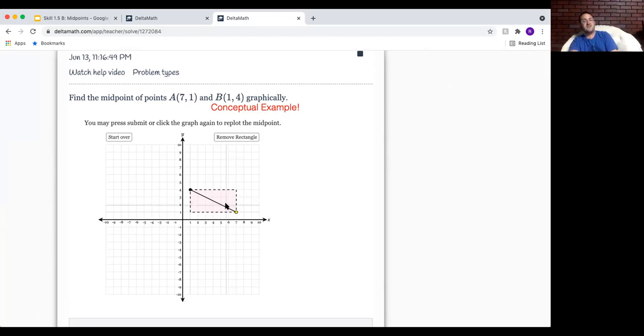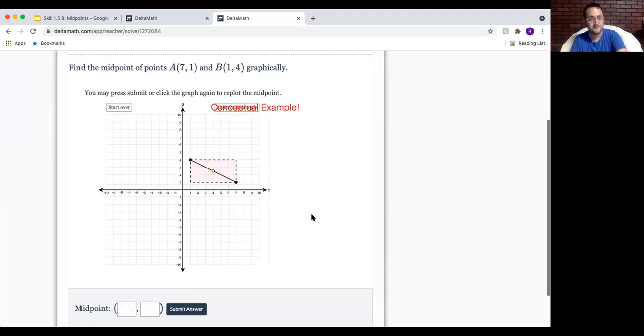And it says you may press submit or click the graph again to replot the midpoint. And to get the midpoint, I like to think about where about is the halfway point of my rectangle. So here is about the halfway point. And then we go halfway again in the Y direction. And right where that crosshair is, that's the midpoint. And there it is.